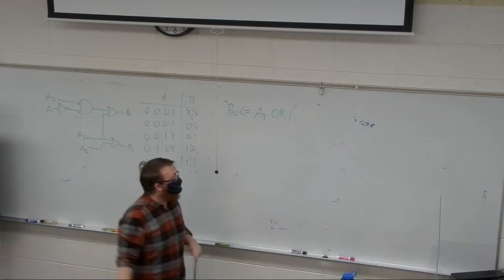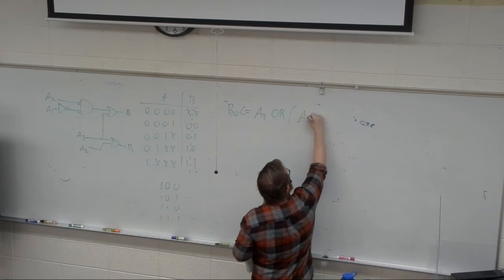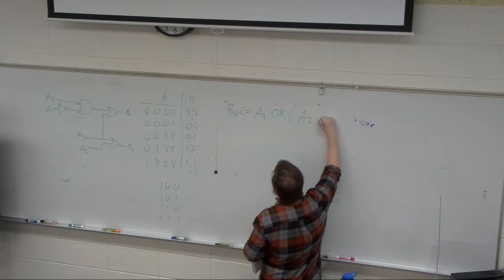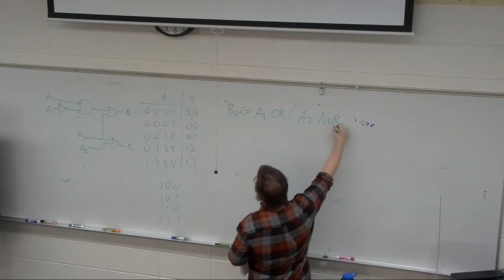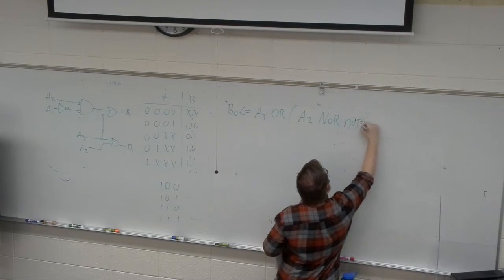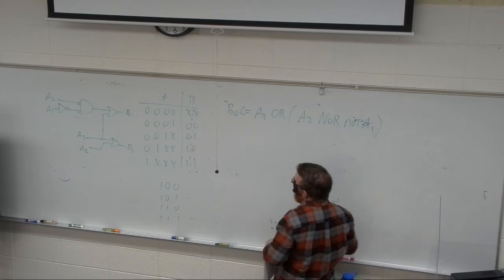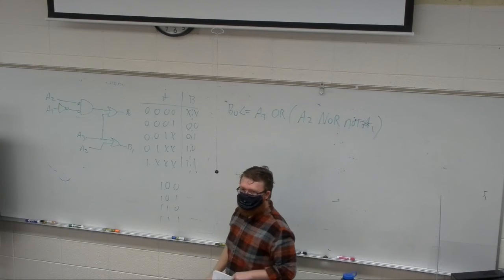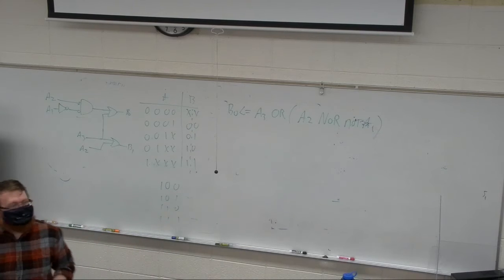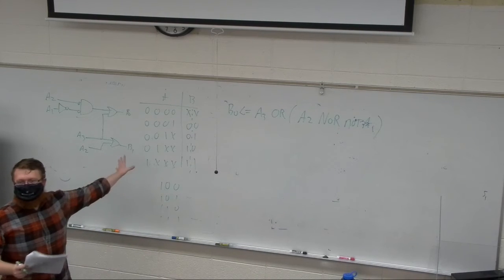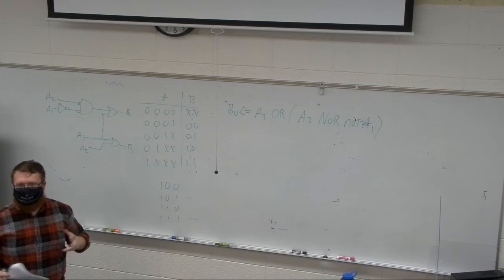A NOR gate. So I can just say A2 NOR not A1. That's VHDL. So that's how we would go from all the way to the beginning, right? Truth table all the way to VHDL in combinational logic.